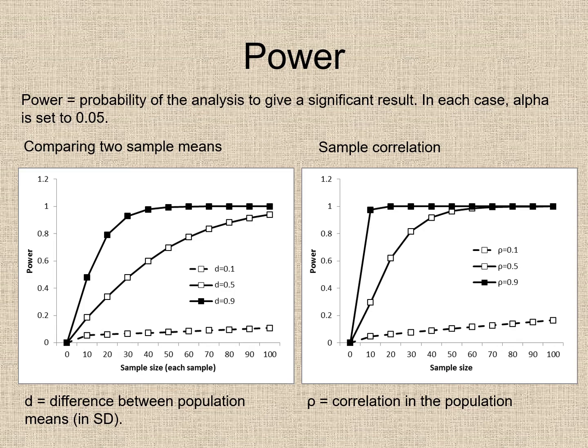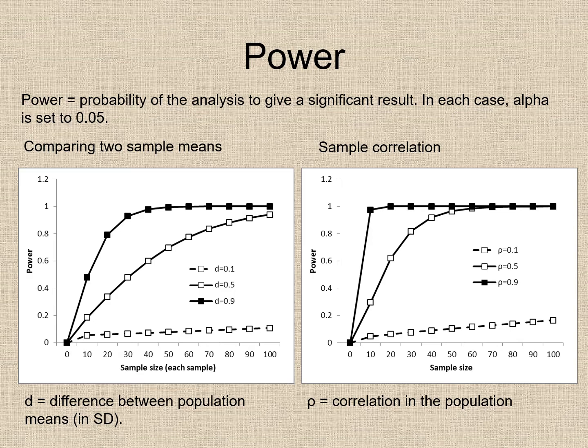So if the true difference between the population means is 0.5 standard deviations and we have 50 persons in each sample, then the probability of getting a significant result, a p-value less than 0.05, is 70%. So in 70% of the cases, we will get a significant result. In 30% of the cases, we will get a non-significant result and maybe commit a type 2 error.